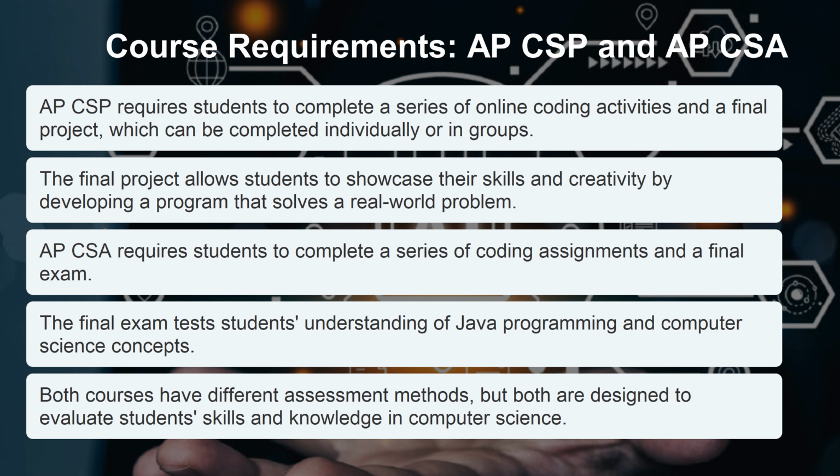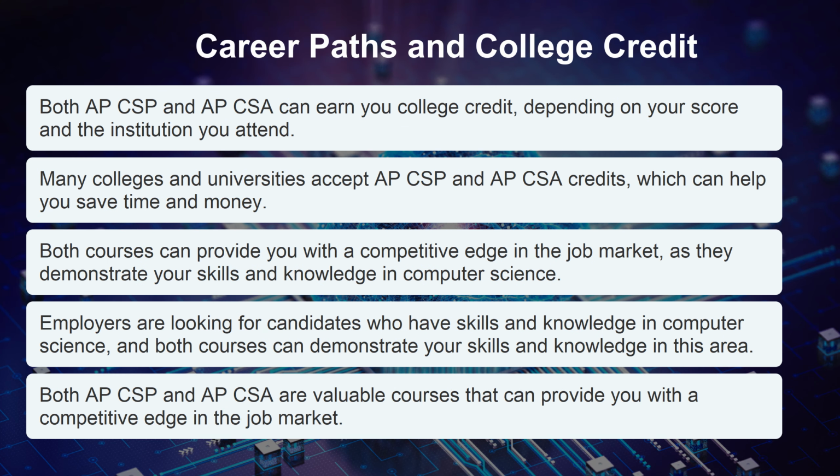If you're new to programming and want to explore the world of computer science, AP CSP might be the better choice. AP CSP provides a broad introduction to computer science, and it's a great way to learn the basics of programming and data analysis. The course is designed to be flexible, and it's a great way to get started with computer science.